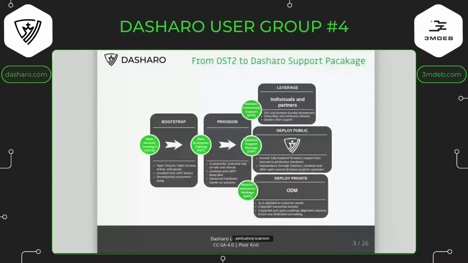The subscriber releases are going only to the Dasharo Entry subscribers, just to have some value for them, so they can spend this 60 euro or 120 or 180 euro per year or per 2-3 years, and get some value from us, like direct shipping of binaries, direct support, and this kind of stuff.